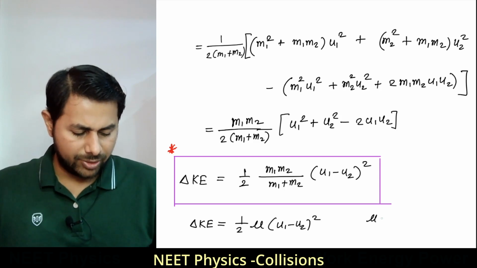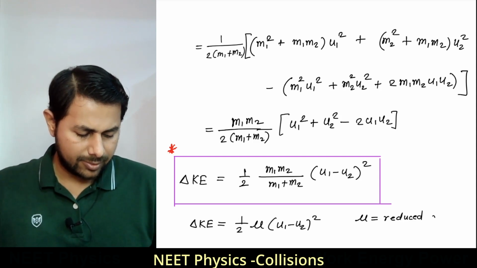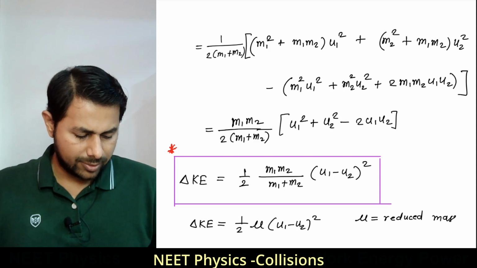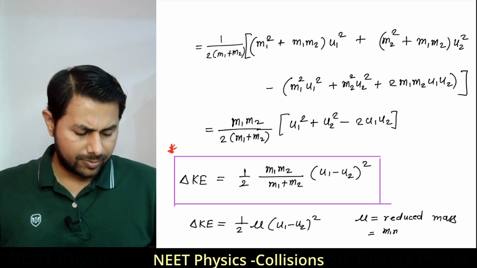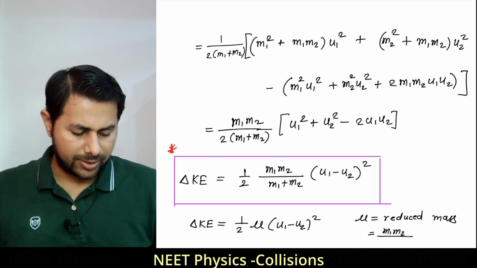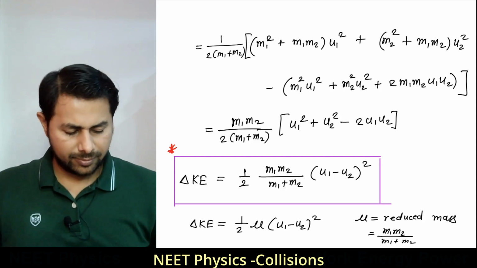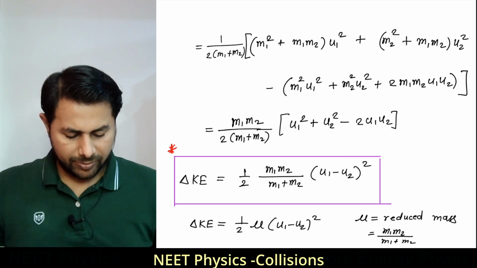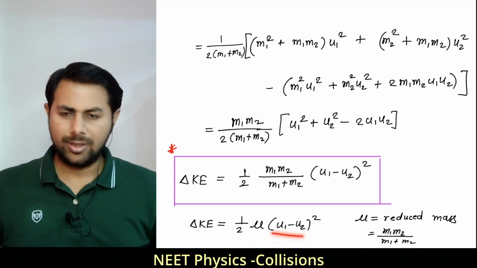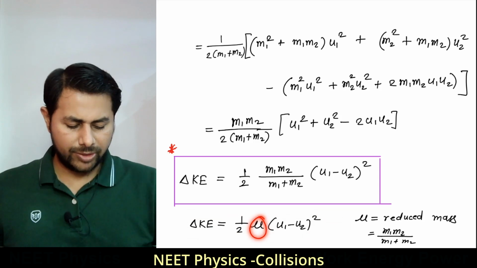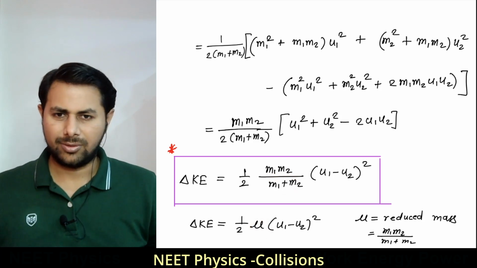Where mu is the reduced mass, and what's that? m1 m2 divided by m1 plus m2. So it is reduced mass of two colliding bodies or any two bodies, right? So this thing is clear, everyone. Okay, loss in kinetic energy is half of mu times u1 minus u2 square. And what is mu? Mu is m1 m2 divided by m1 plus m2. Okay, is there any confusion?